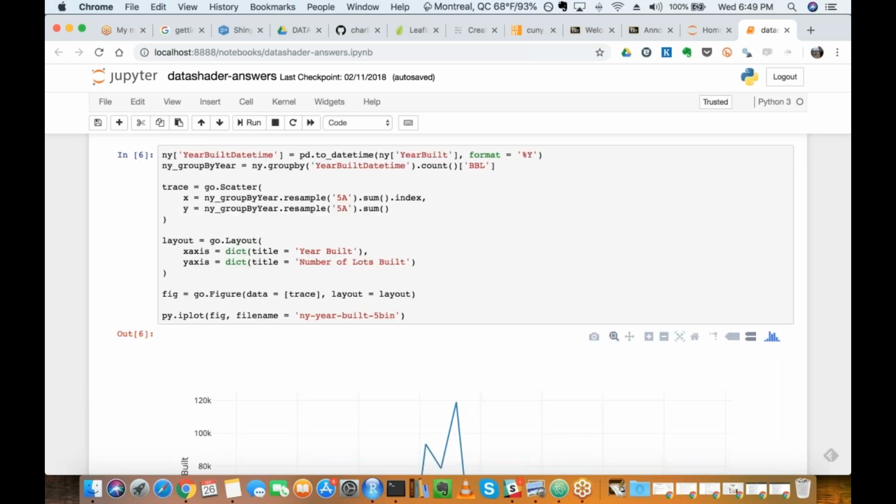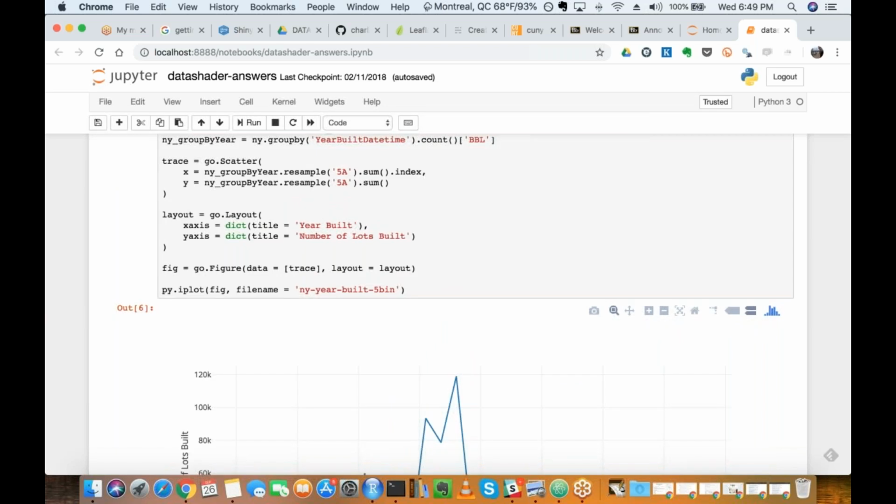I didn't have a chance to go through your homeworks yet, so I don't know how you guys ended up doing these sorts of aggregations. Pandas has a lot of built-in functions that allow you to easily manipulate data, and there are more manual ways of doing things.